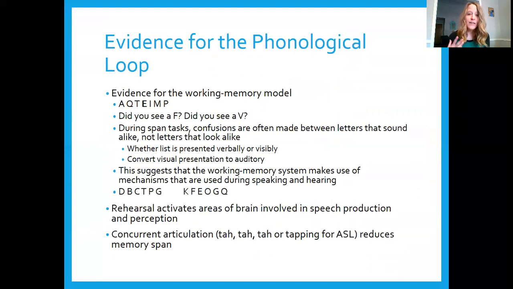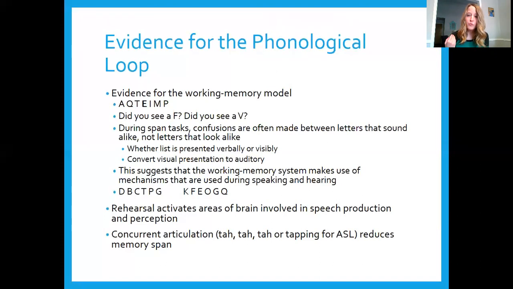For instance, if a participant is asked to memorize the following sequence, A, Q, T, E, I, M, P, then if they make a mistake for this letter E, they are more likely to mistakenly recall a V rather than an F. So the mistake is the letter that sounds like E rather than the one that looks like E. So again, suggesting that we're engaging in the subvocalization and using this inner speech.